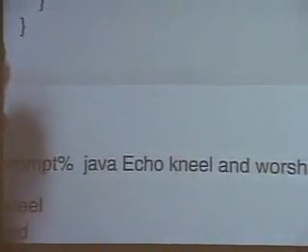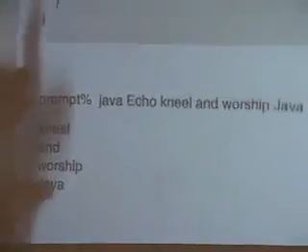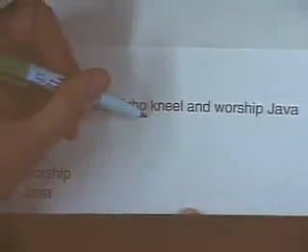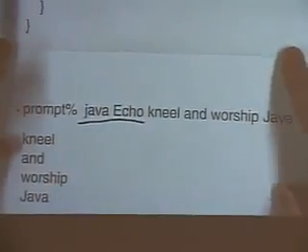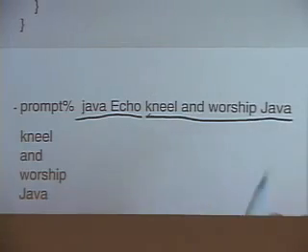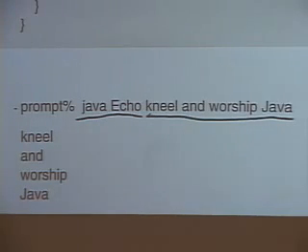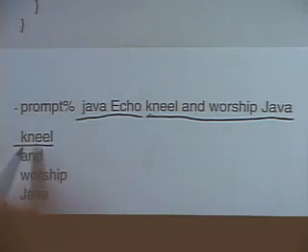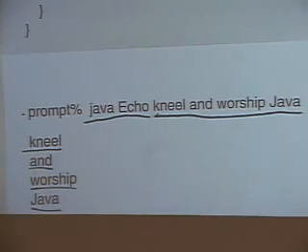For instance, if you were to type at the Unix prompt that you want to run the program echo in Java, the echo class, then everything you type after that is command line arguments, and Unix takes them apart wherever there are spaces between them into separate strings. And so you get 4 separate strings here: kneel, and, worship, Java. Any questions about that?